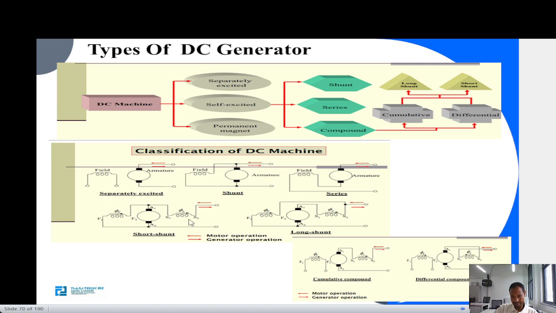If they are combined, here the armature is there, one shunt field winding is there, and another series field winding is there. Now it is connected in different ways; we call it short shunt type, we call it compound. When the armature and the field are connected in compound form, the compound generator itself can be cumulative or differential. Cumulative can be long and short, differential can be long and short. Here are the connections.